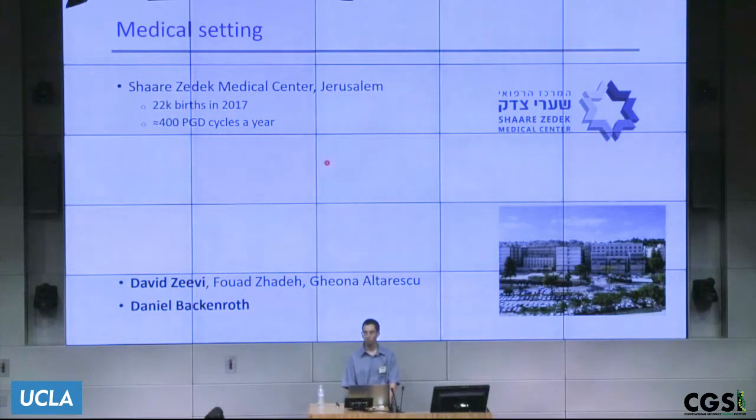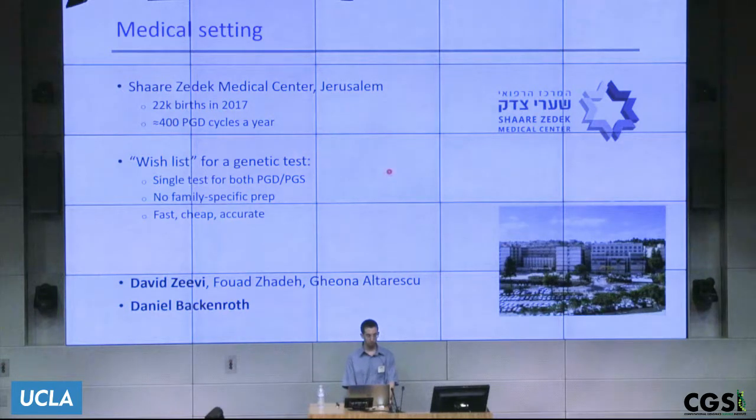Other populations of Israel, Jewish and non-Jewish, also suffer from a relatively high frequency of many disease mutations. So testing for carrier status is very important in Israel, and PGD is a big thing in Israel. And Shaarei Tzedek has 400 cycles a year, which makes it one of the largest centers in Europe.